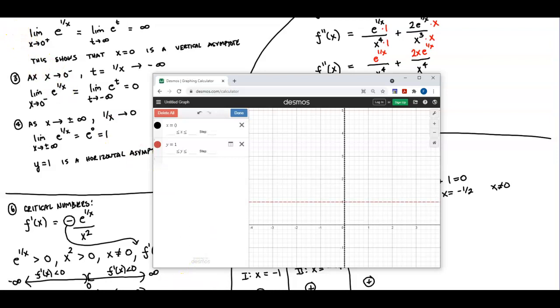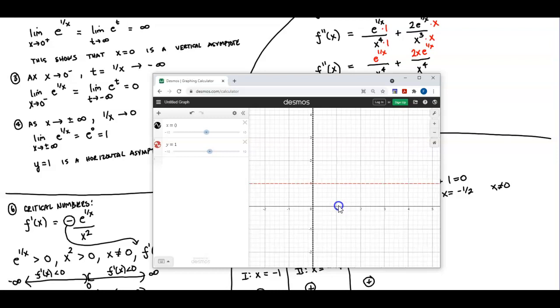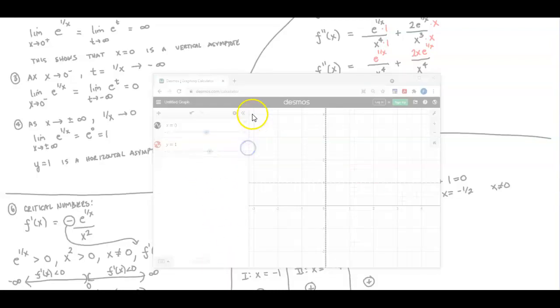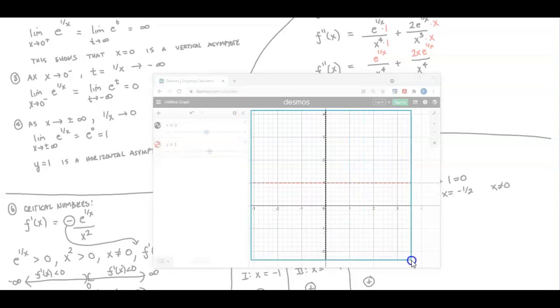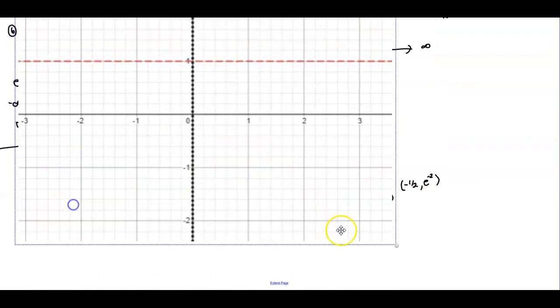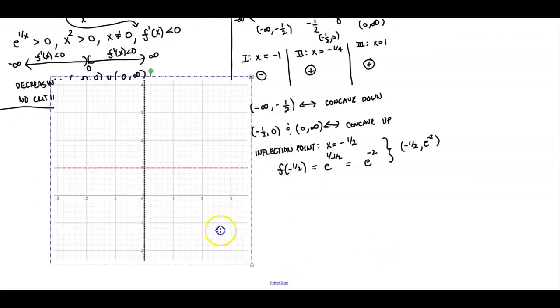We're going to go ahead and copy this graph, and then we can finish the graph here. Now, yes, we can graph this by plugging values in, but let's discover what we're supposed to do here.